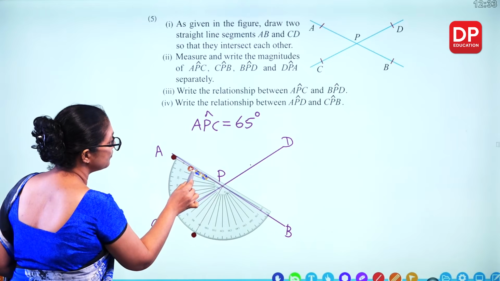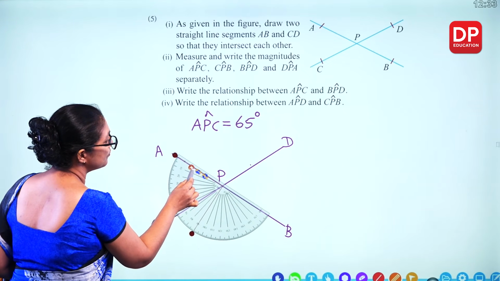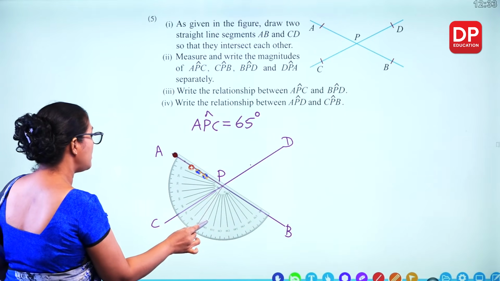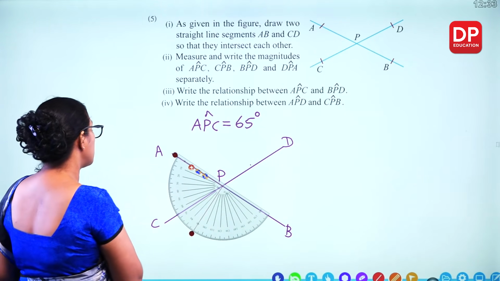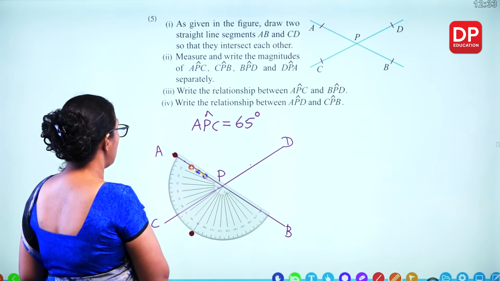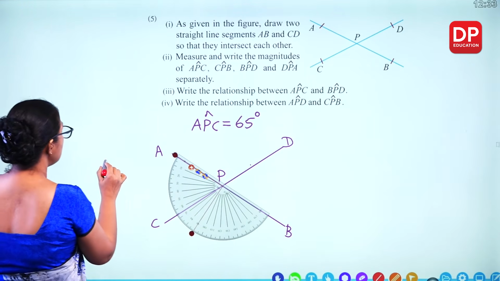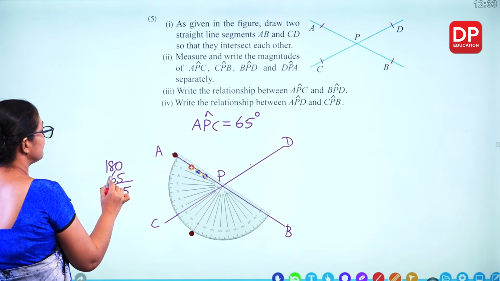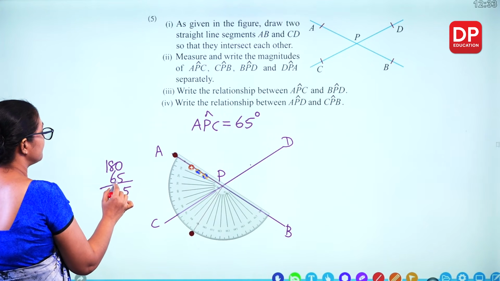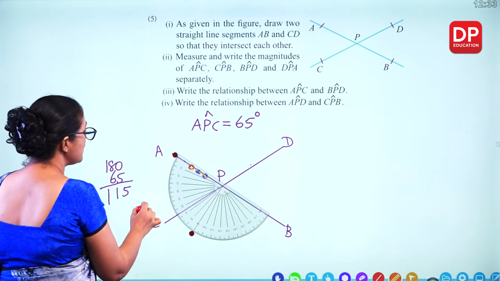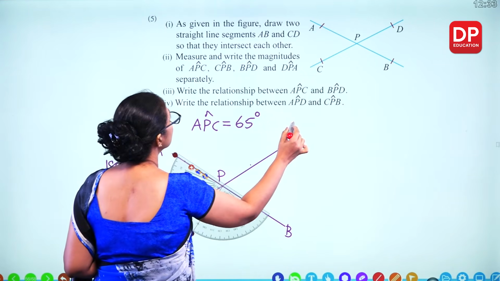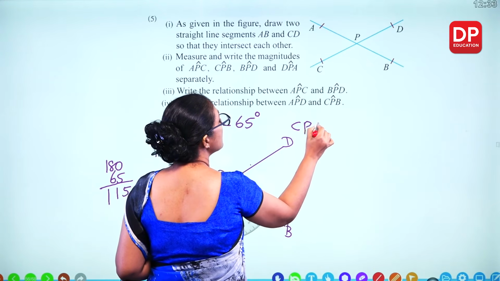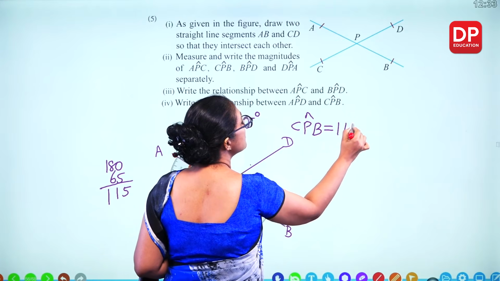This one. So I can measure from here to here. This is 180 minus 65, 115. CPB is 115.